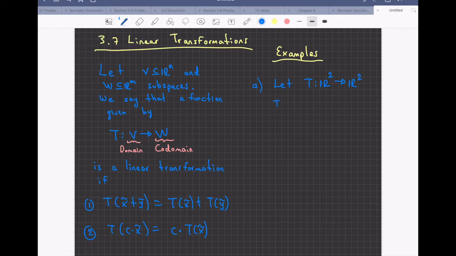This transformation is going to be defined as T of (x, y) is equal to (x plus y, x minus y).